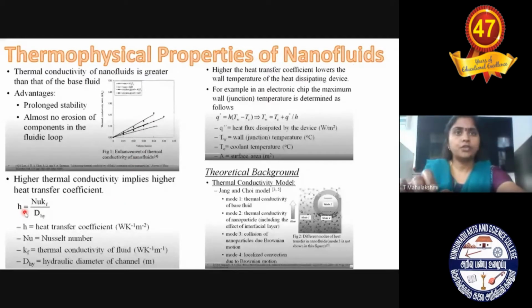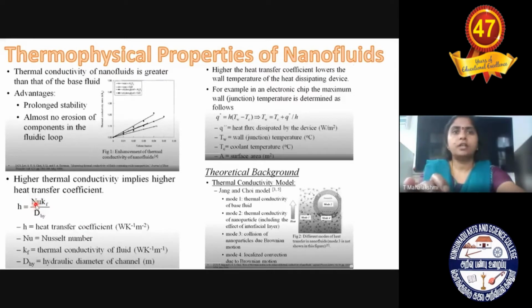And the equation is h = Nu k_f / d_h. Nu is the Nusselt number, k is the thermal conductivity, and h you know already, as I told you, is the heat transfer coefficient. Now you will think over this term Nu.